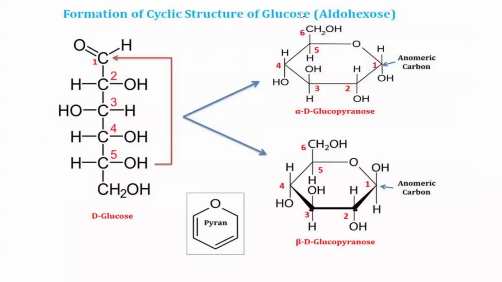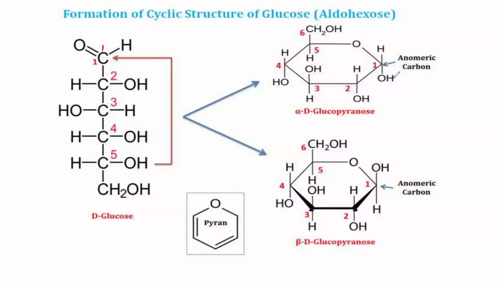Look at it here. This is where we have our aldehyde functional group from the glucose. And this is where we have the OH group from carbon 5 or the OH group from carbon 4. So if this forms a ring, this carbon is carbon 1, and this is the OH group.